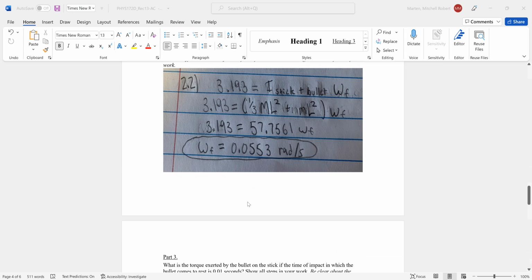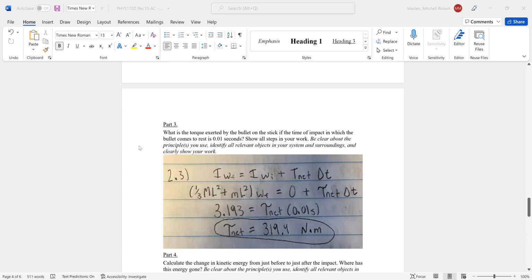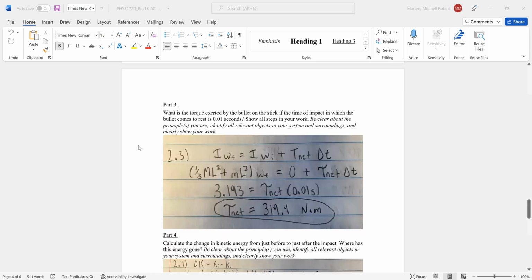Yeah. Okay. Then it's asking what's the torque exerted by the bullet on the stick if the impact time in which the bullet comes to rest is 0.01 seconds. So for this one, I just said that I omega final is equal to I omega initial plus torque net delta t. And so we know that the initial rotational angular momentum is 0.